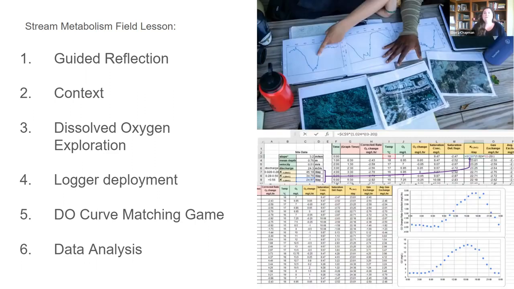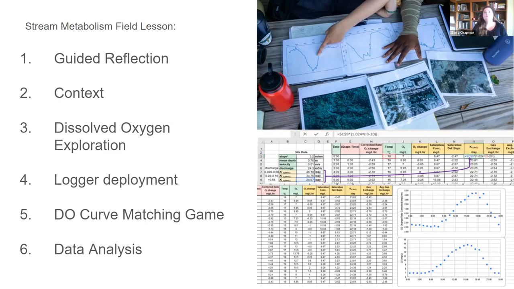And so here at the top, we encourage before you leave the field site to enhance this in a time and space kind of way using a dissolved oxygen curve matching game that Aaron's designed using StreamPULSE data.